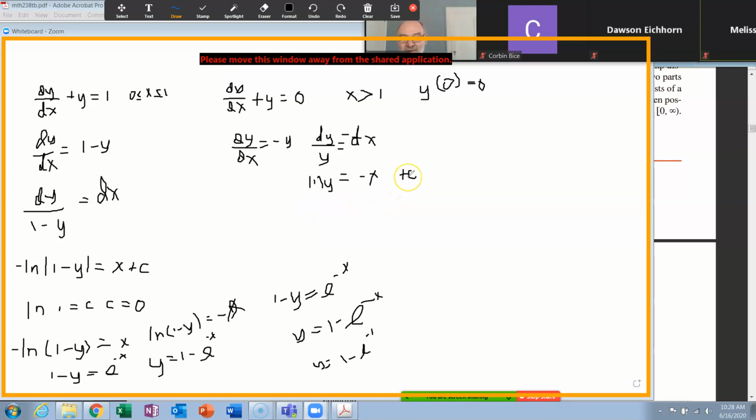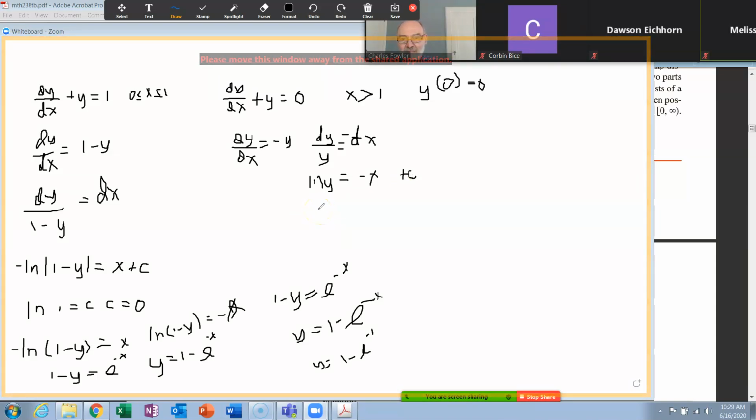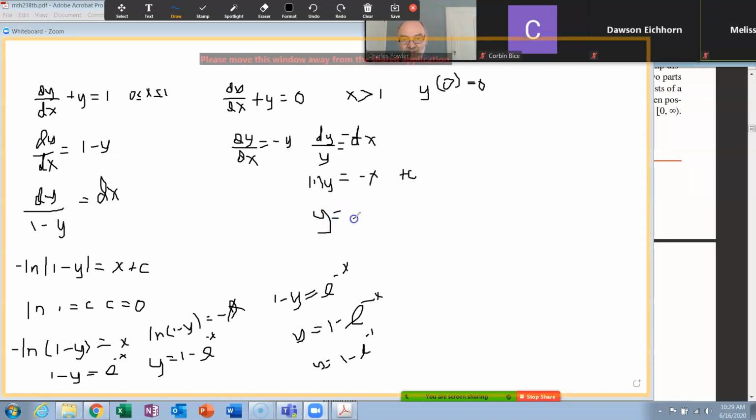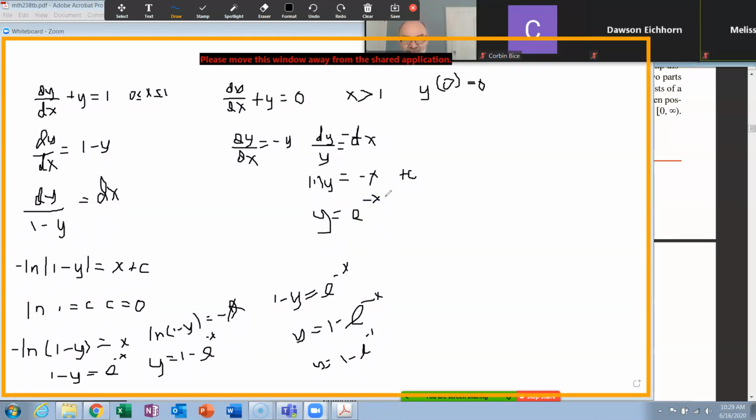Let's e this side, and that gives you y is equal to e to the minus x plus c. Now that's a little awkward.